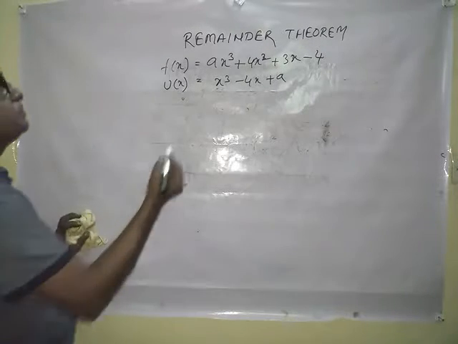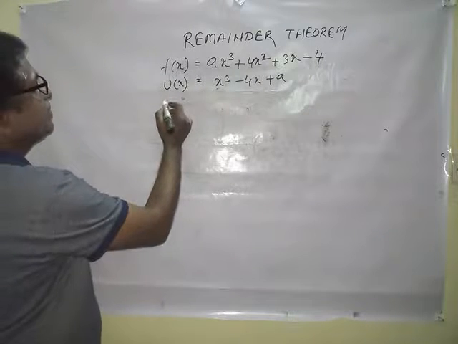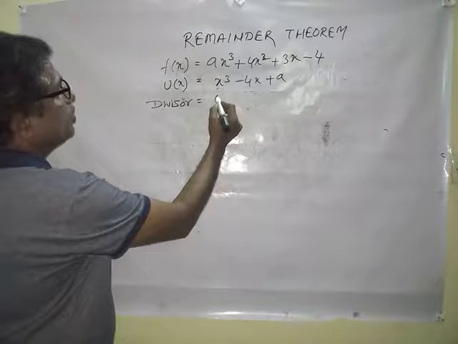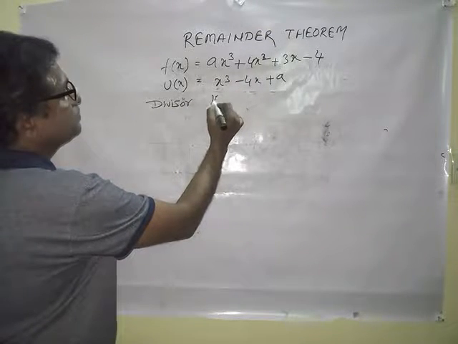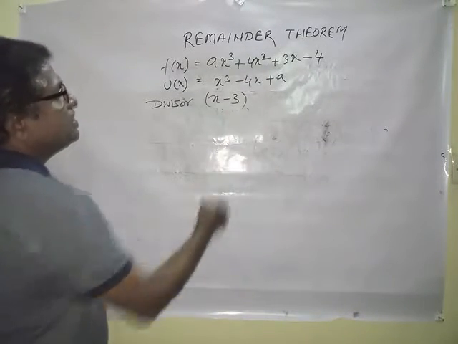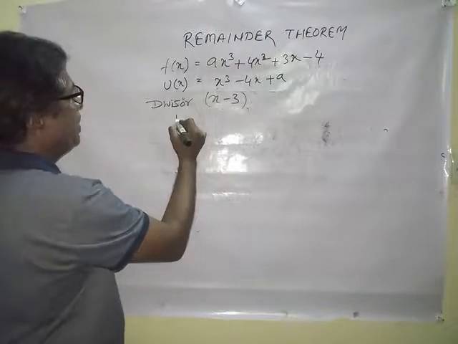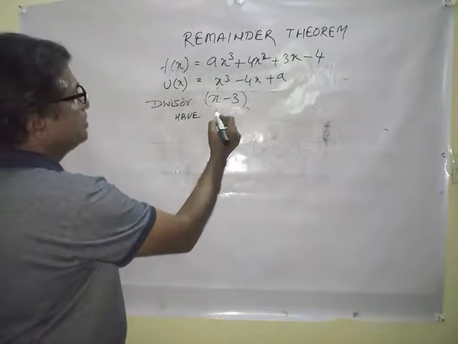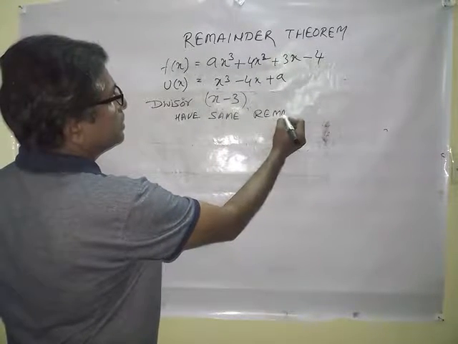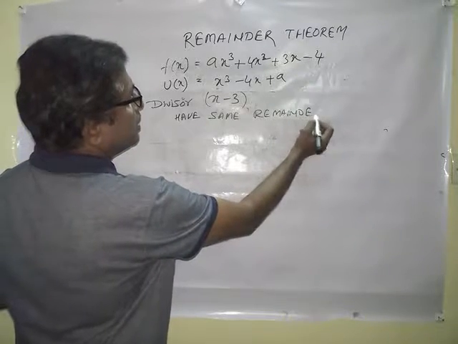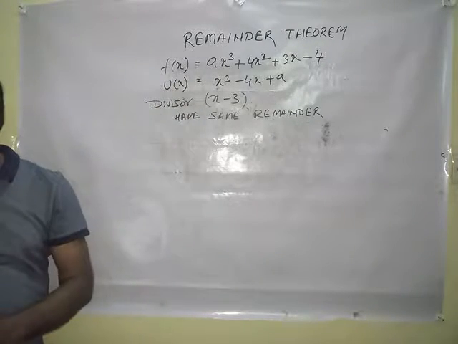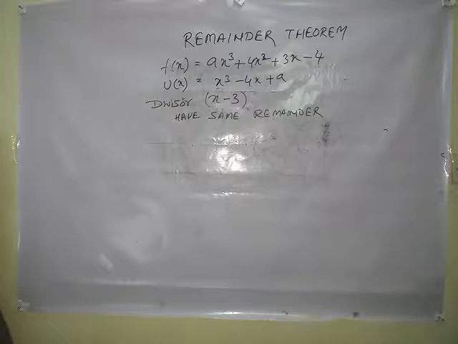And the condition given is that if these two equations are divided by the divisor x − 3, then these two equations have the same remainder. You have been asked to find out the value of a.